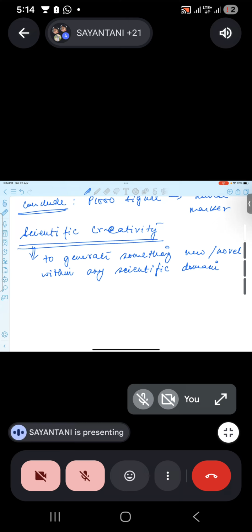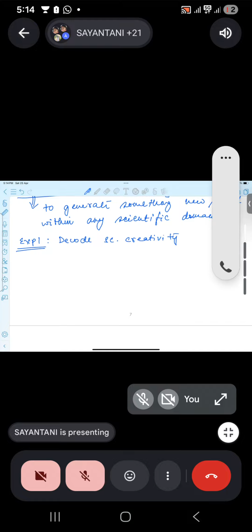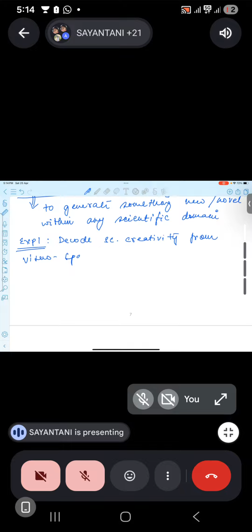The first one, under scientific creativity, experiment one, is to decode scientific creativity from visuospatial reasoning.